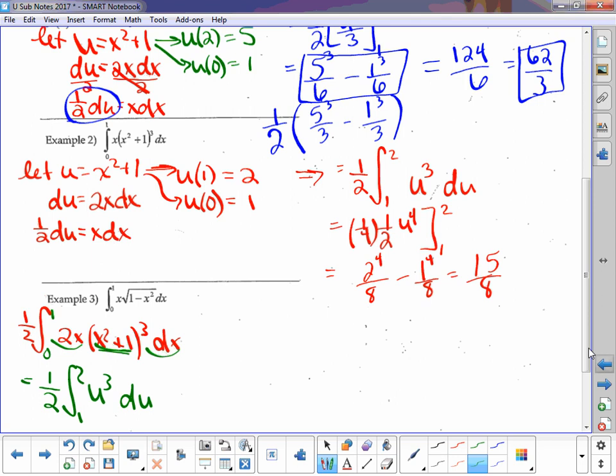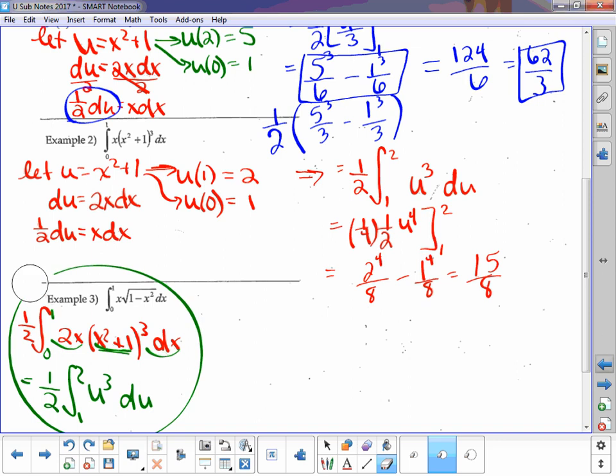Alright, I want you guys to go and try the example here on your own, and again, be careful that you replace the bounds properly. Try example 3. Feel free to work with someone next to you.